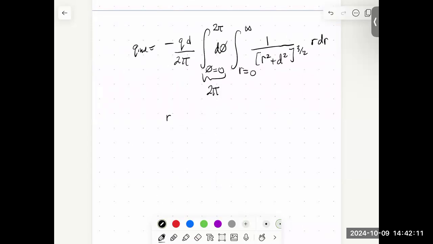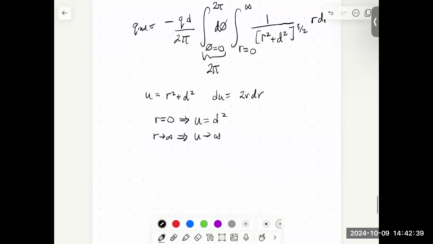I'm not good at integrating in my head, so I always have to do these substitutions. u is r squared plus d squared, so du is 2r dr. When r is equal to 0, we get u is equal to d squared. When r goes to infinity, u goes to infinity.